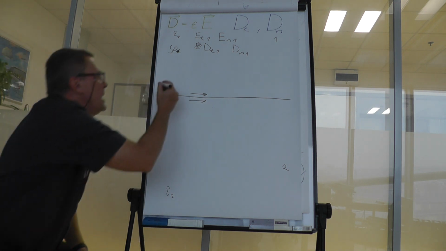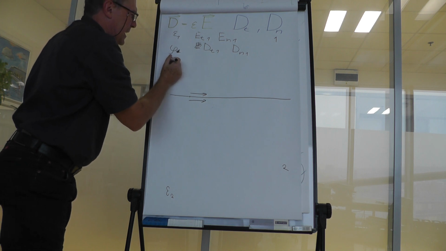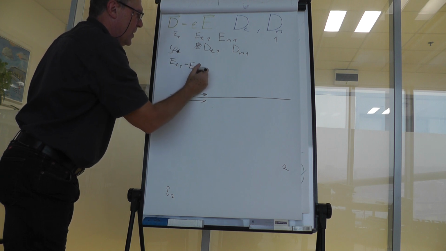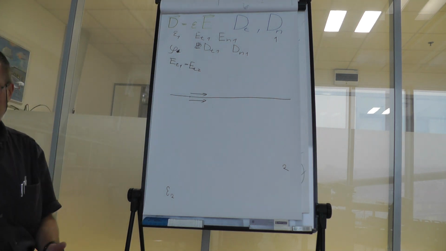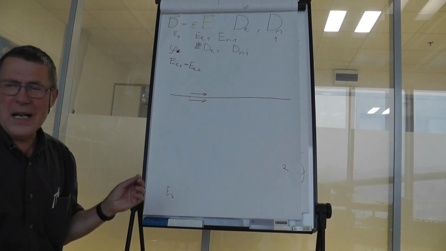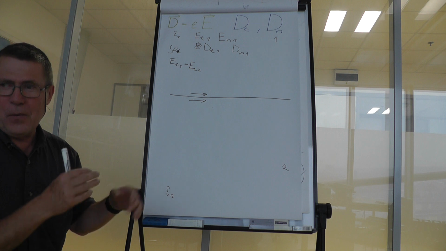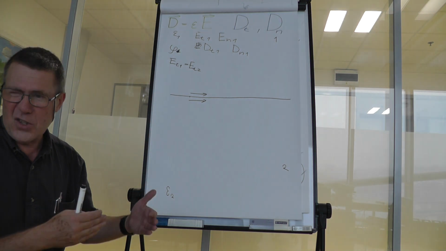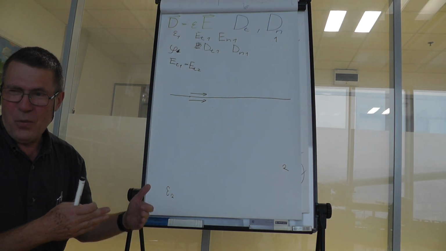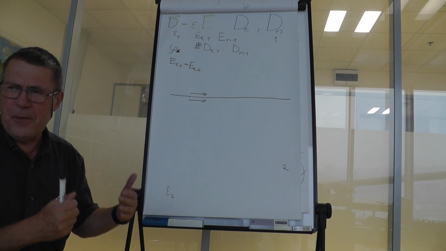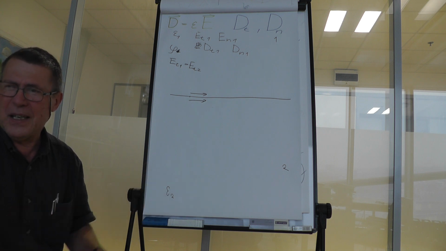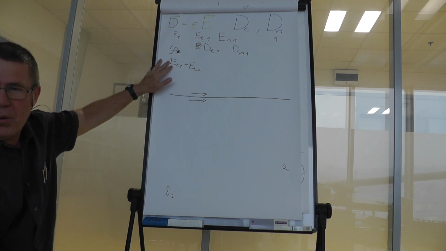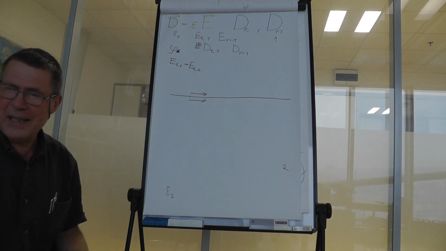So we have an important rule that says that E tangential 1 is E tangential 2. If they were not identical, it would violate the condition for potential, which in fact would mean that there must be an infinite energy contained somewhere around the interface. So we have a second important rule: the tangential component is identical.